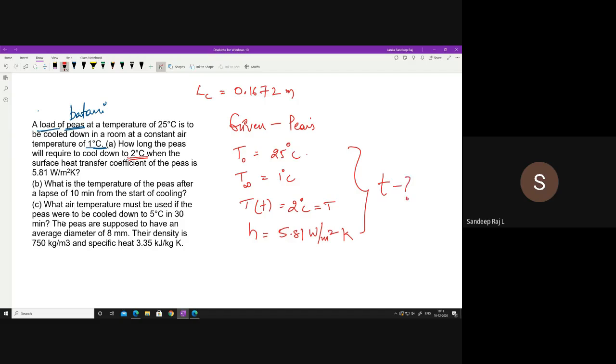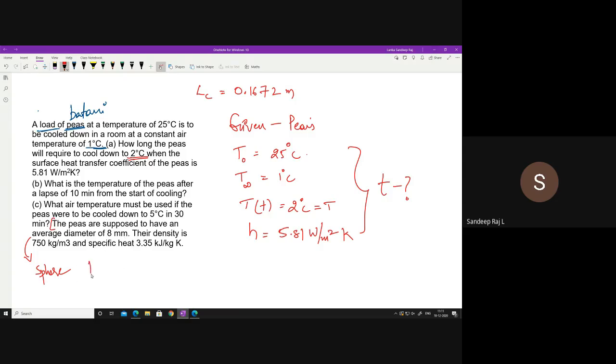For that, at the end, you can also see this part. The peas are supposed to have an average diameter of 8 mm. What he is saying is, he is asking you to consider it as a sphere. Since he is asking you to consider it as a sphere, you can take it this way.